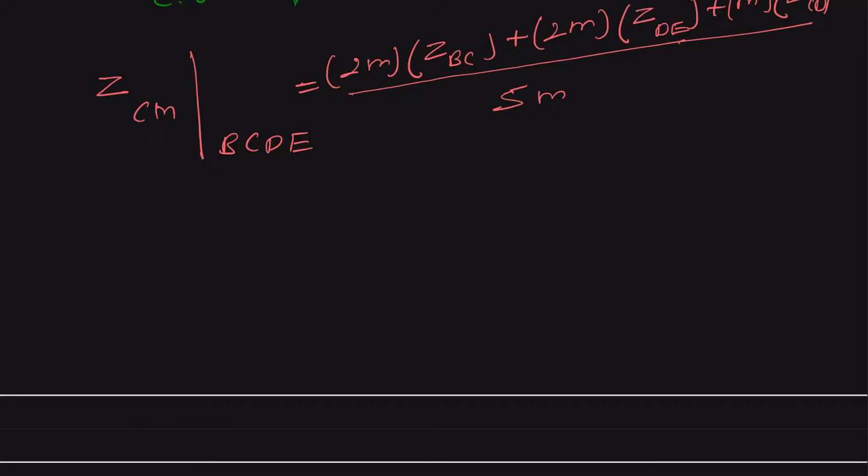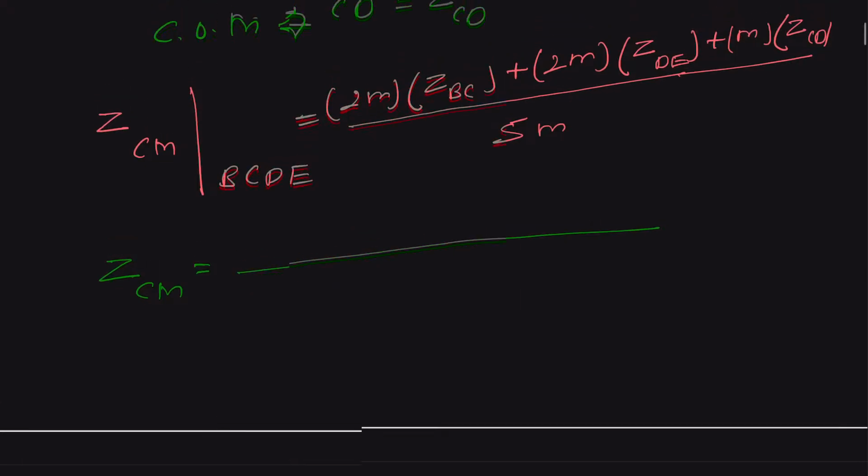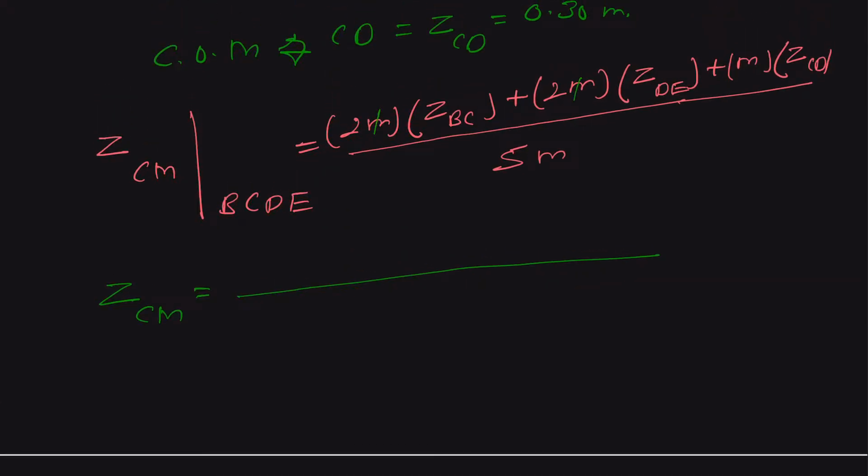So we substitute the values, and we get that Z of our center of mass, we can easily cancel out m, and this will be 5, so this will be 15 plus twice of 15 plus 1 times 30, and this will be giving us 0.18 meters.